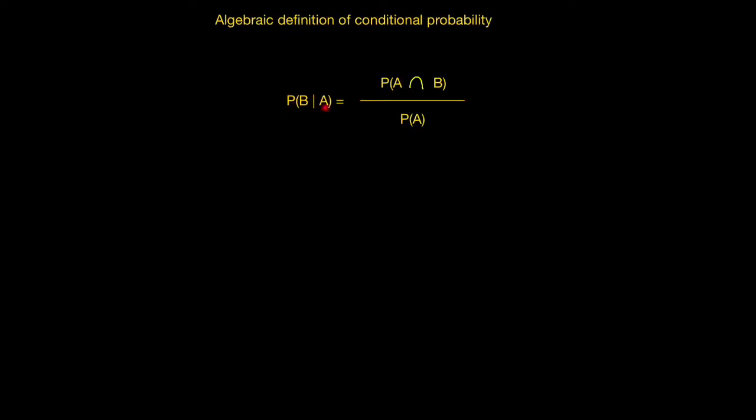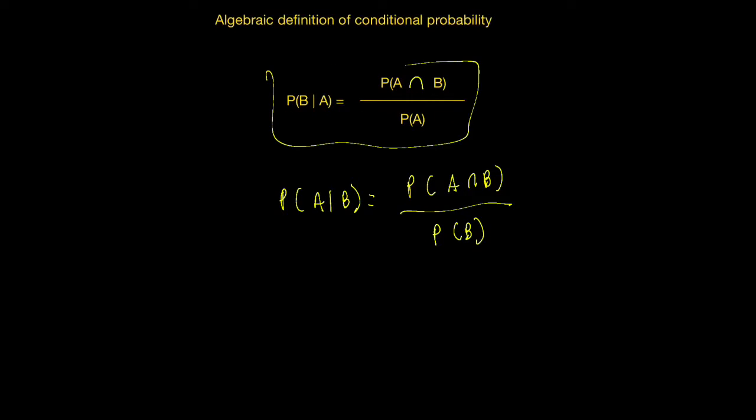The probability of B given A is equal to the probability of A and B all over the probability of A. If you look at some textbooks, this can also be written as the probability of A given B equal to the probability of A and B all over the probability of B. They're both correct, but this one tends to make more sense. I actually learned it the other way, and that's how I memorized it, but this is actually better. Anyways, let's apply it and do some examples.